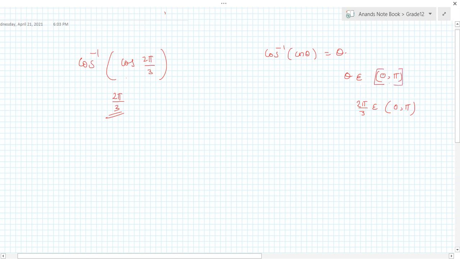Okay. So the domain for this is -1 to 1, right? Angle, na? Cos inverse of cos 2 pi by 3. Whenever you have cos inverse of something, it will be an angle.